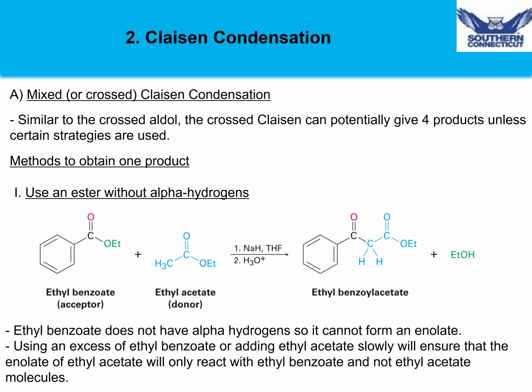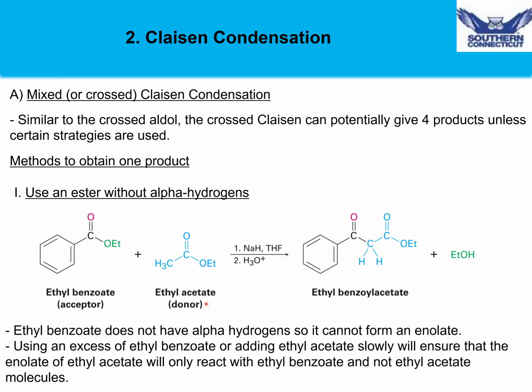Similar to the cross or mixed aldol reaction, the mixed or cross Claisen reaction can potentially give you 4 possible products. We can use strategies to eliminate some of these products and hopefully obtain a single product.